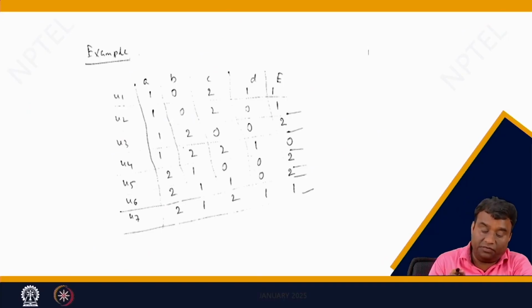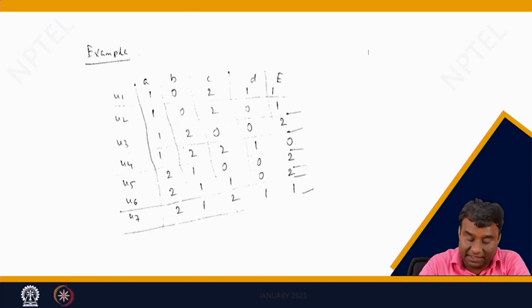Now try to understand a few more examples for the discernibility matrix and discernibility functions. Here these are the objects u1, u2, u3, u4, u5, u6, u7, attributes a, b, c, d, and this E is the decision attribute.